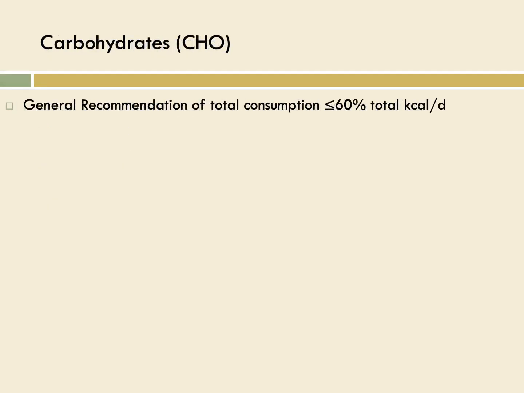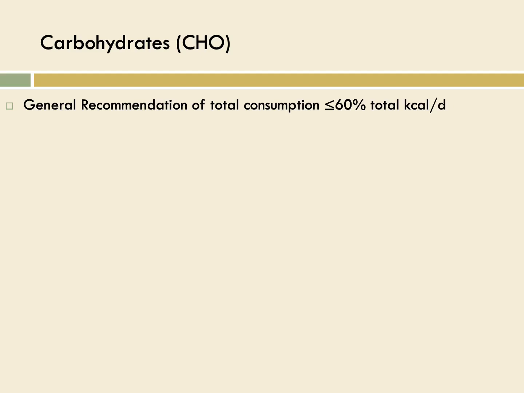Now, if you look at general recommendations, it says that total consumption should be somewhere between 60% and less of total kcal per day. But as I mentioned earlier, we need to make sure we have somewhere around 120 grams of carbohydrates, in particular glucose, per day in order to maintain normal neurological functions.